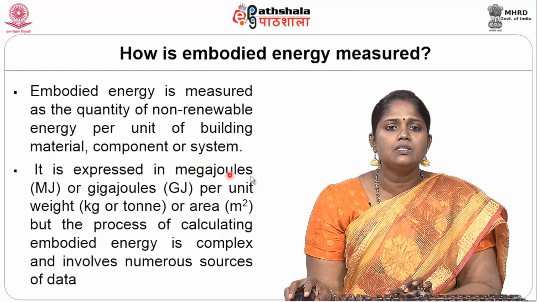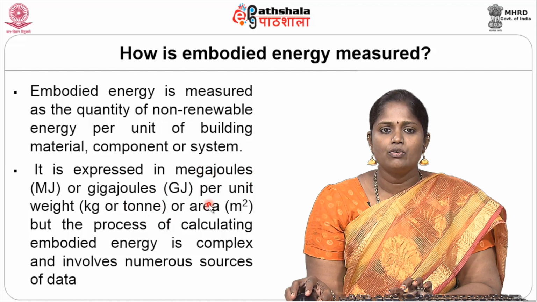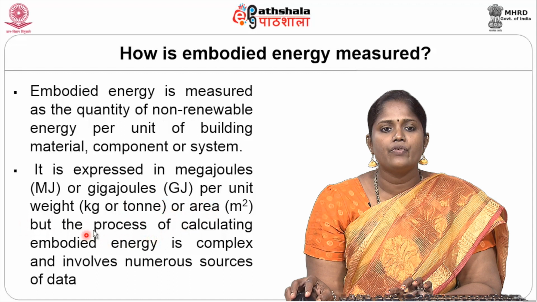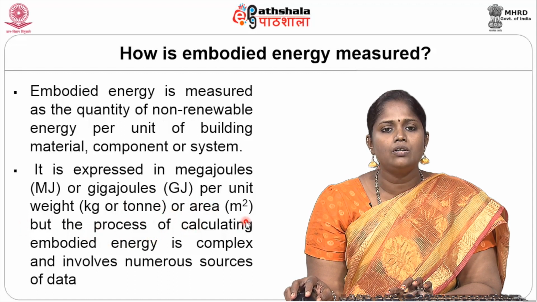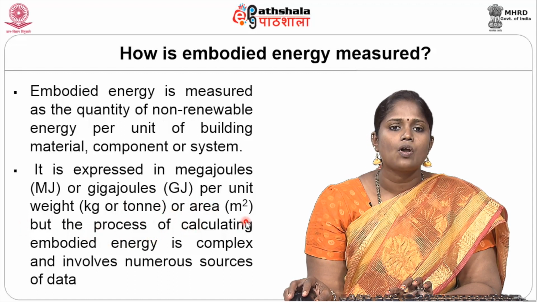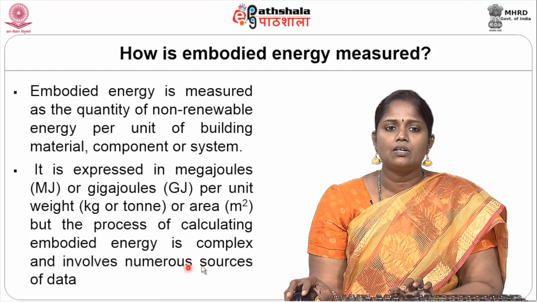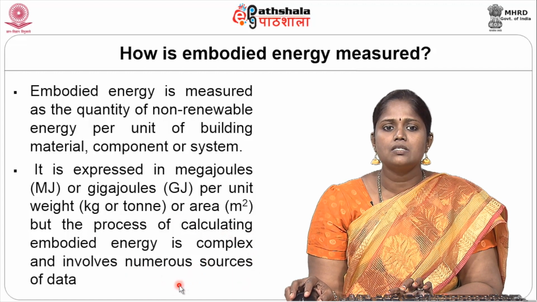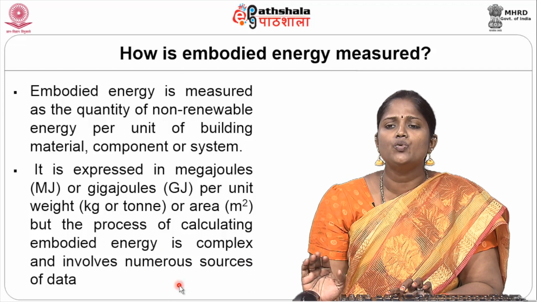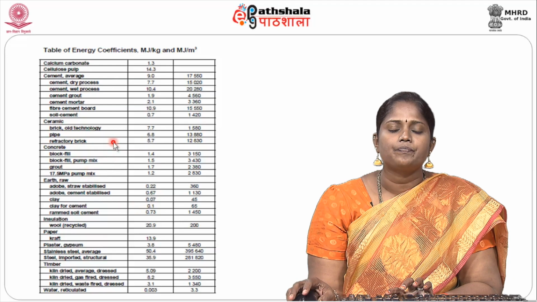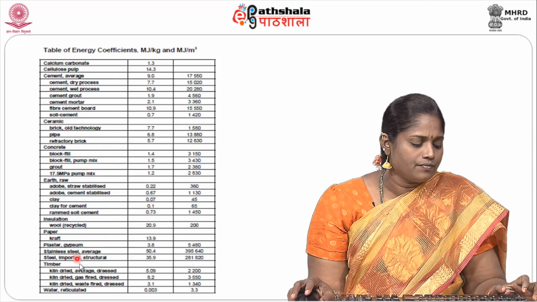It is expressed in terms of megajoules or gigajoules in terms of energy consumption, or in terms of weightage like kilogram or ton, or it always represents in terms of a square meter in the process of calculations. And embodied energy is complex and involves numerous sources of data for any simple material. Now, look at this chart.